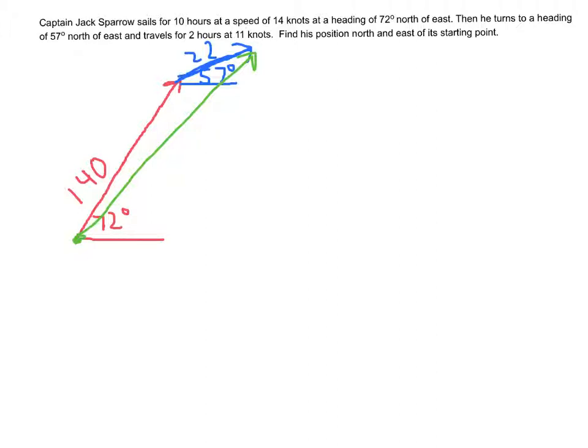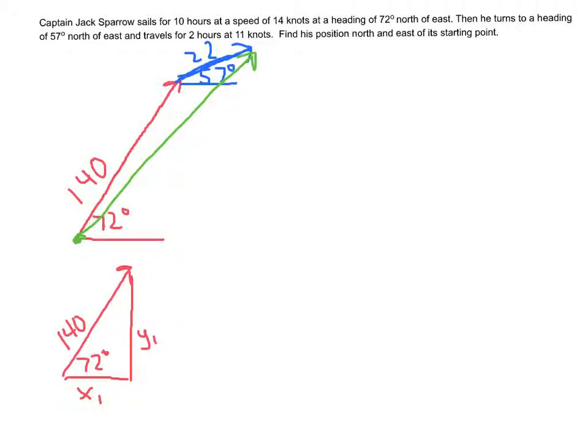So let's start with this first trip, which I have in red. That is a 72 degree angle. And the magnitude is 140 nautical miles. And so we're going to find the x component and the y component.